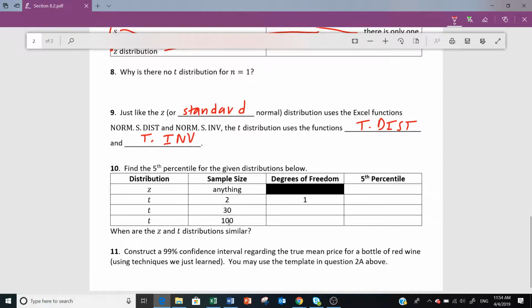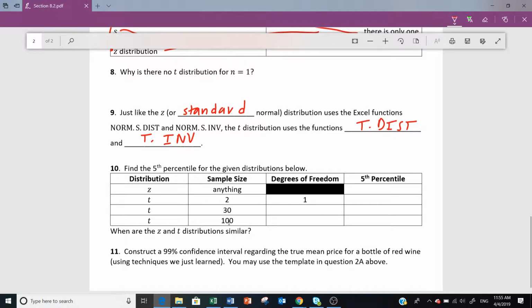Basically we're taking one value off the sample size, just like we always do when we find sample standard deviation. We're just calling it degrees of freedom. So fill these in and then find the 5th percentile in each of these.